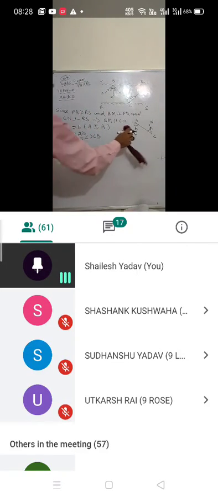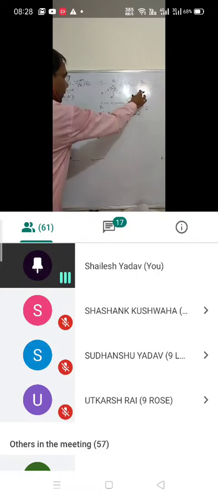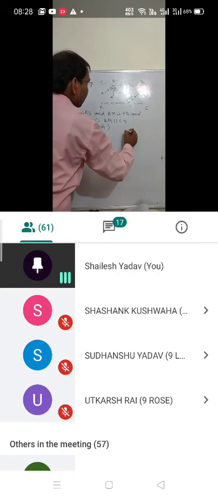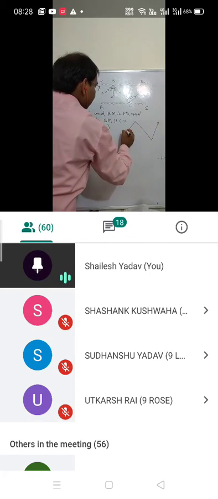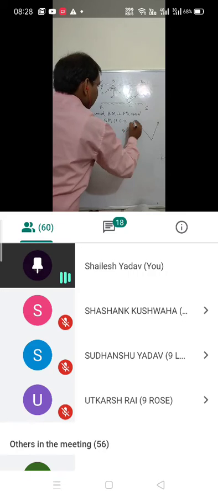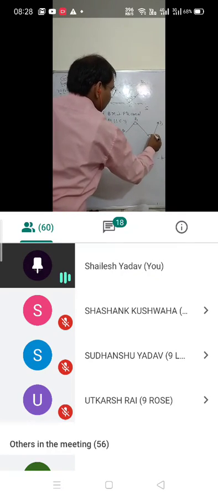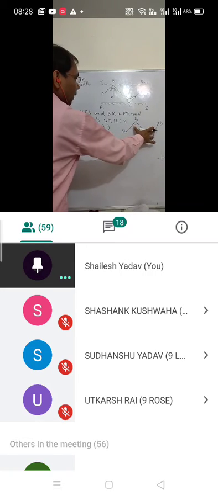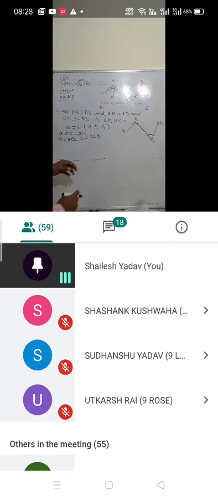So here I got angle ABC equal to angle DCB. I am going to draw it again separately. Whatever the diagram is given, it is A, B, C, D. You got that this angle and this angle are equal. If these two are the lines and one line is intersecting, so these two are the alternate interior angles.